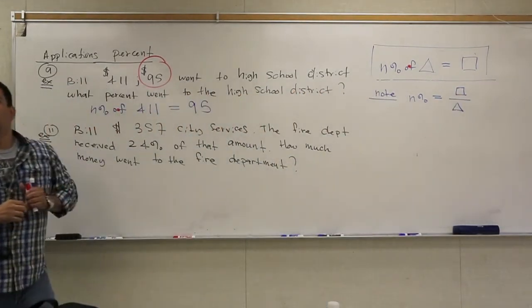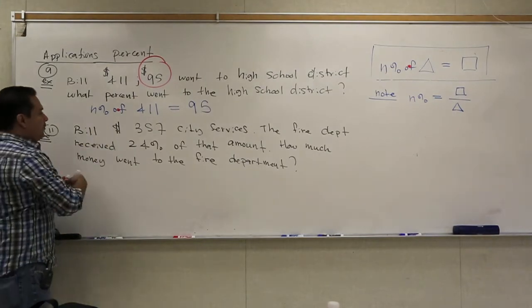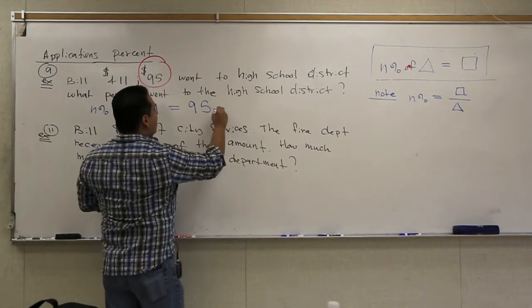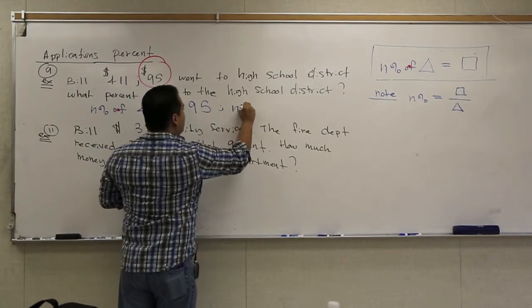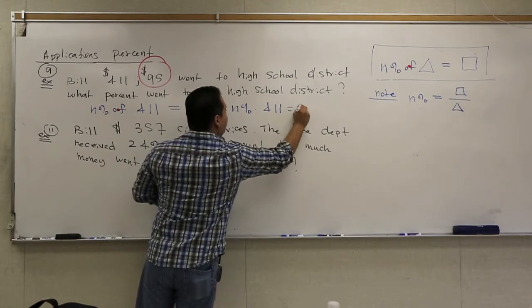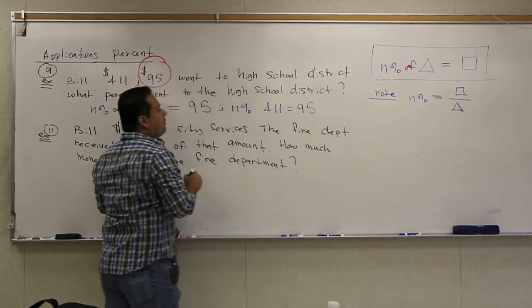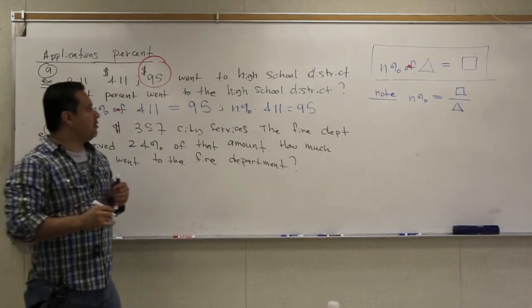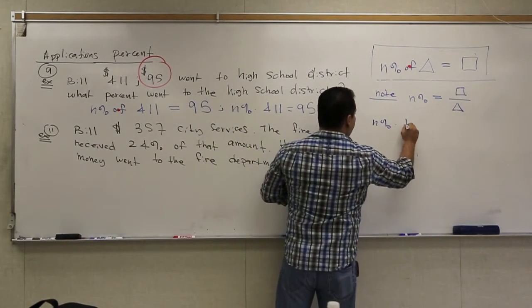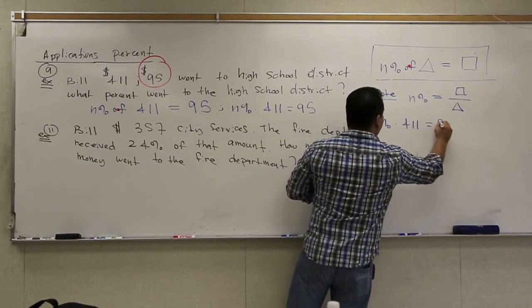Okay? So if I go through the algebra that we did yesterday, this becomes again n% times 411 equals 95. What would you guys do again here? Let's do the work over here. You're going to translate. What's n% times 411 equal 95?